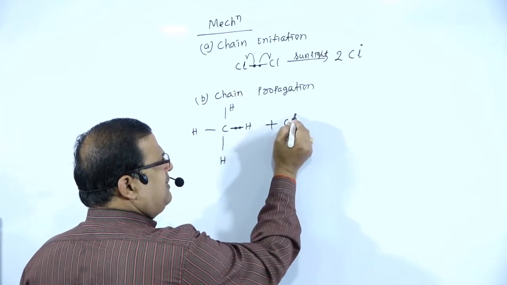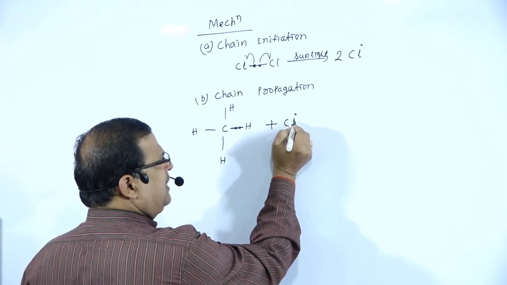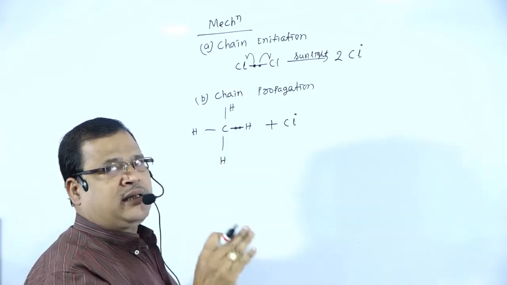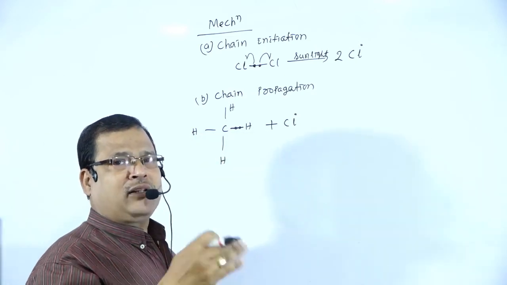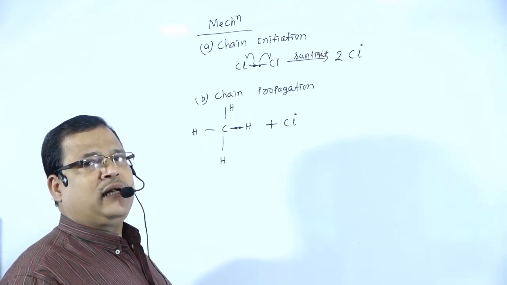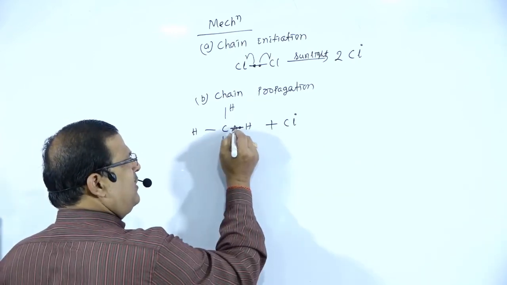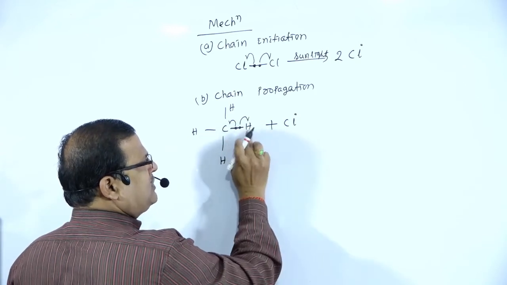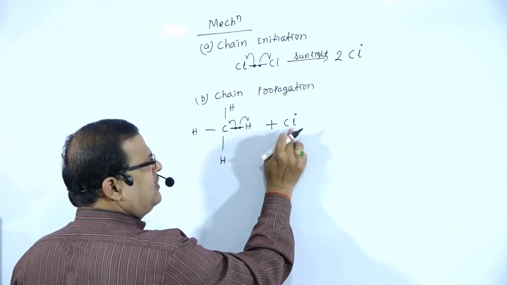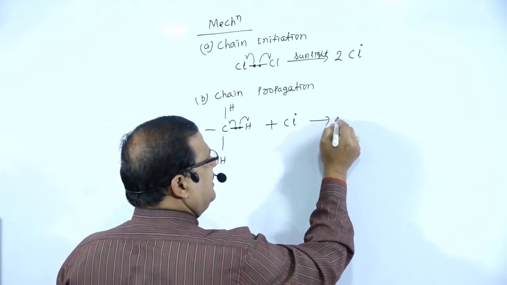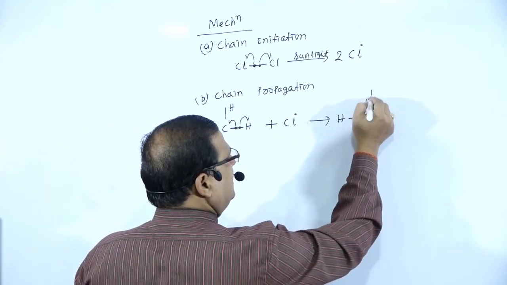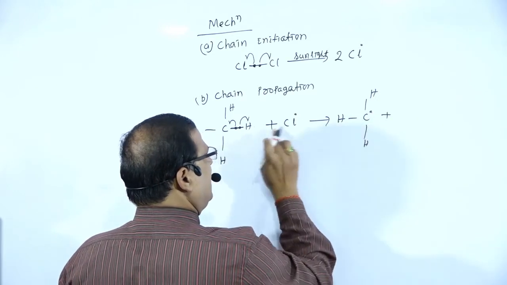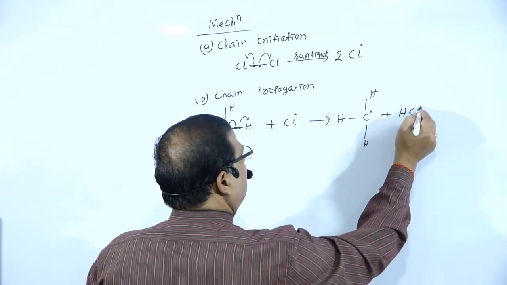In presence of the free radical, this bond will break homolytically. So H dot and Cl dot combine to form HCl, and H3C dot remains.